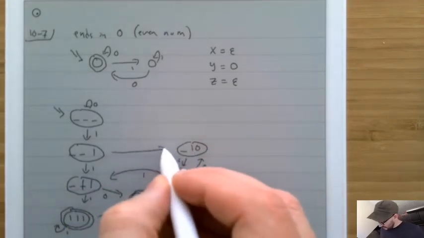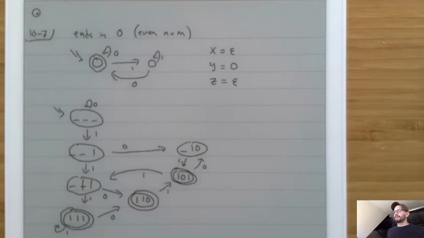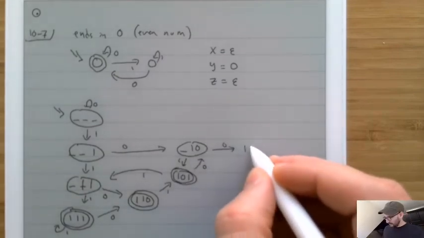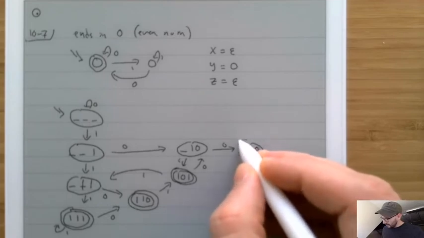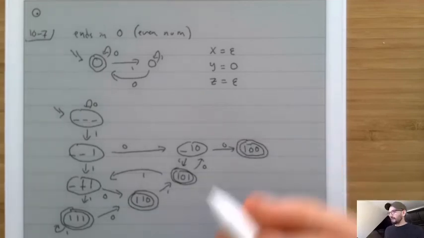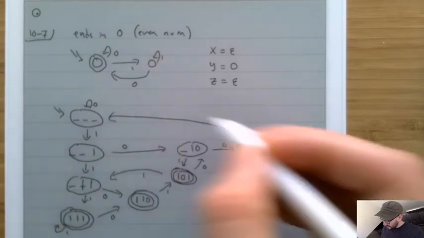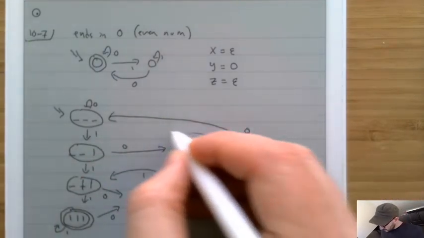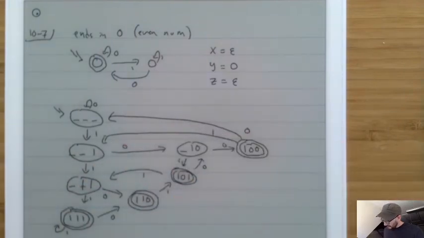If there was a 0, we went there. And if there was a 0, we went to here, 1, 0, 0, which was accepting. And if there was a 0, we went back there. And if there was a 1, we went back there. And I think that covers everything.